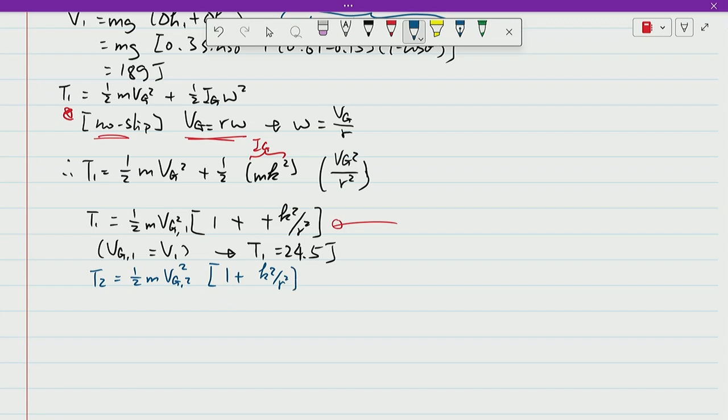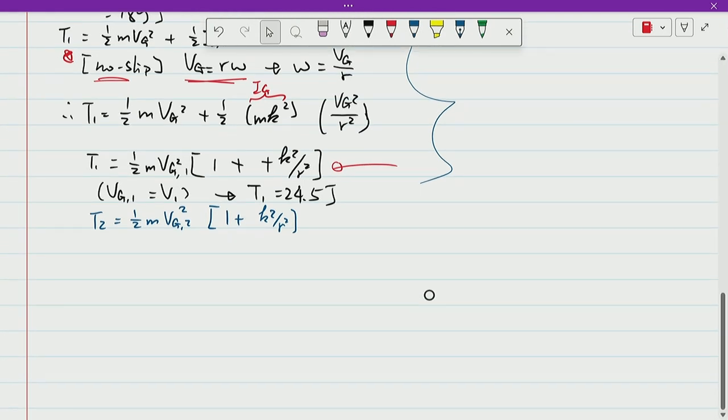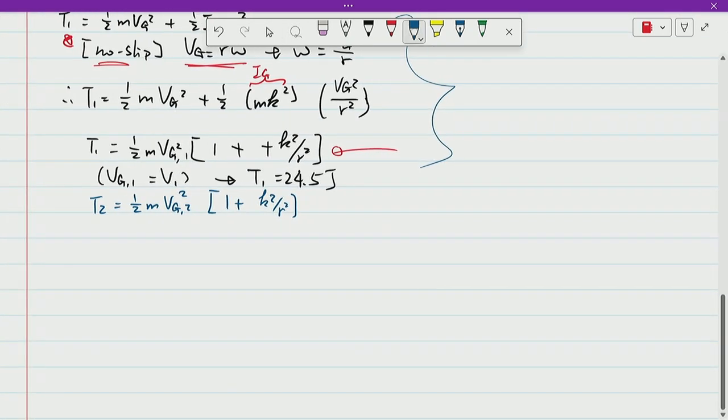We can do this because the problem started by rolling down, and at the end, technically, it is still rolling. So this is a completely legal operation. You can do the whole derivation again. It's just going to give you the same thing, which is going to give us a T2 of 65.7 times V2 squared.